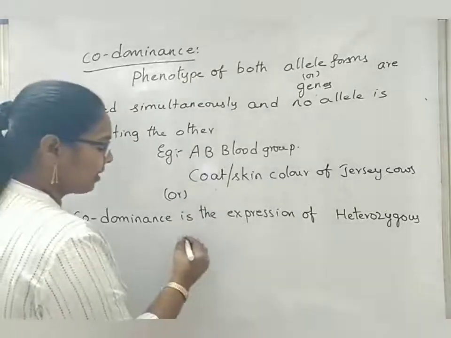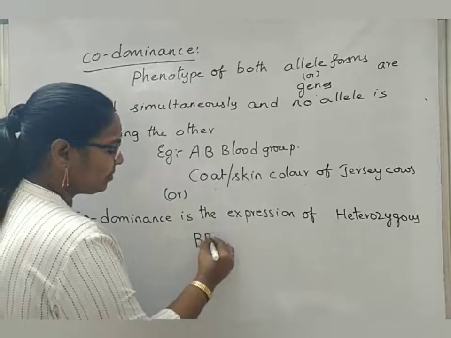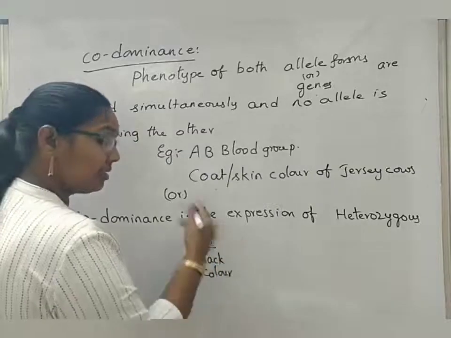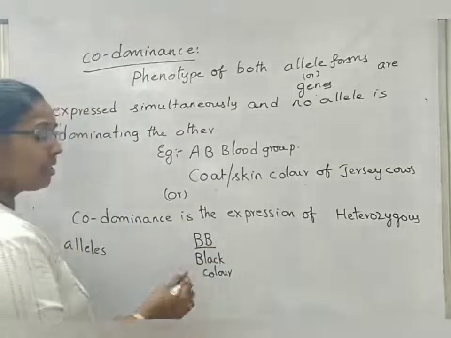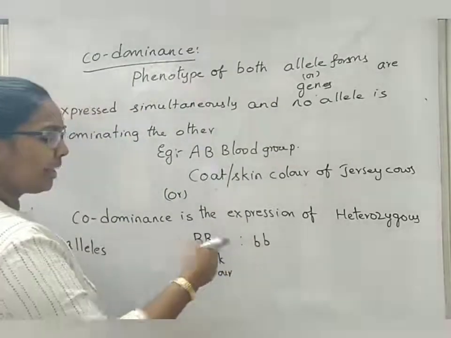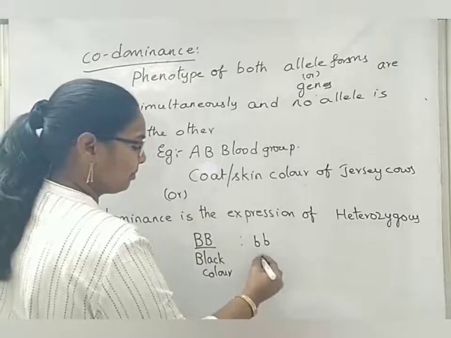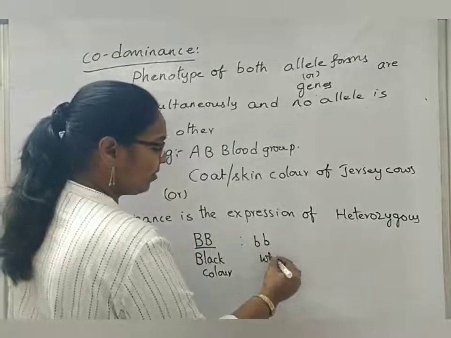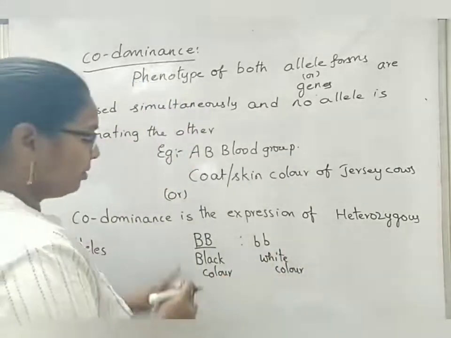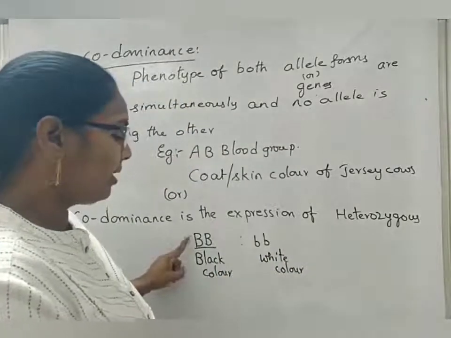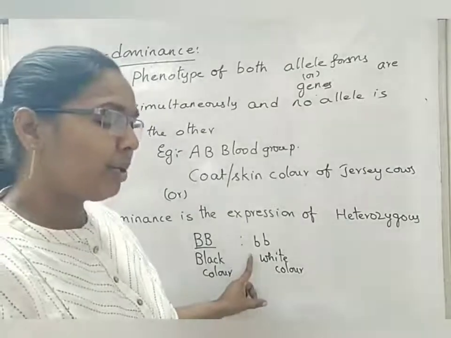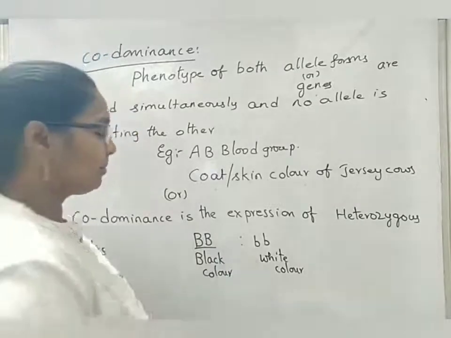Suppose there are some dominant genes which are responsible for black color. Now, the same cow also has genes, represented like this, which are also behaving as dominant alleles. These are responsible for white color. Here it doesn't mean that one is recessive and one is dominant. One type of gene is expressing one color and another type is expressing another color, and both are behaving as dominant alleles or dominant genes only.